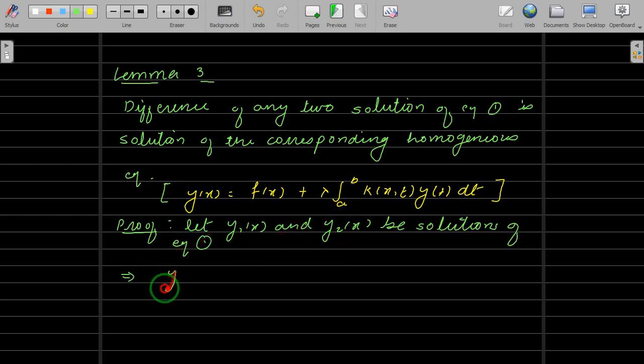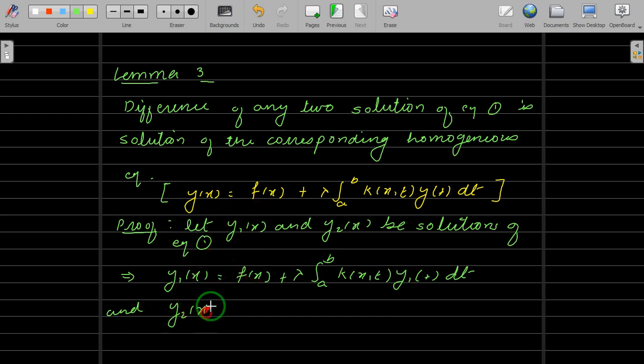So this implies y1(x) equals f(x) plus lambda integral a to b K(x,t) y1(t) dt, and again y2 will satisfy the given integral equation.